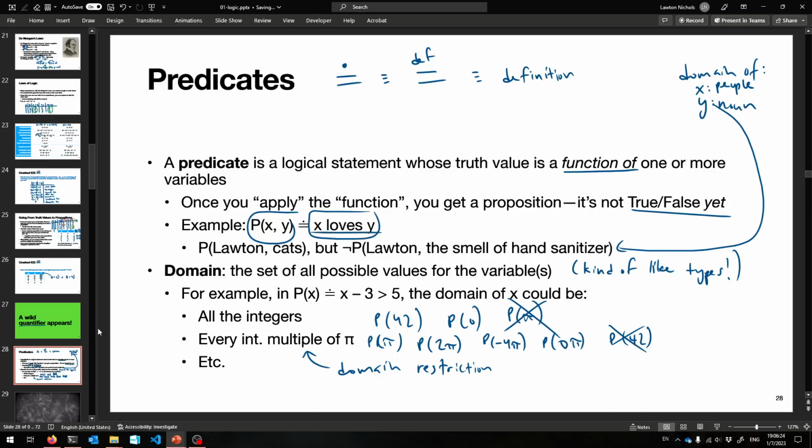It needs something concrete, because only somebody can love something, but people sometimes don't love certain other things. So it depends on the things, and that's why it's a predicate. It's not yet true or false, you have to apply it, okay? And the things that you could apply the predicate to, you can restrict to be part of certain domains. Think of them as types, okay? So those are predicates. We're going to get really fancy with those next time.